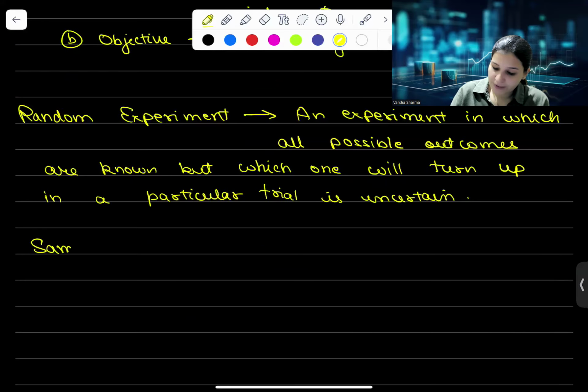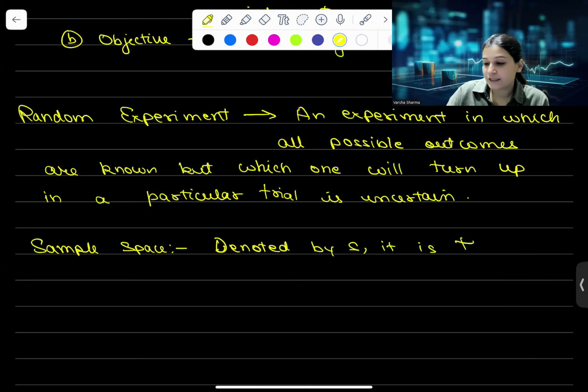Then comes sample space, denoted by capital S. It is the collection of all possible outcomes.